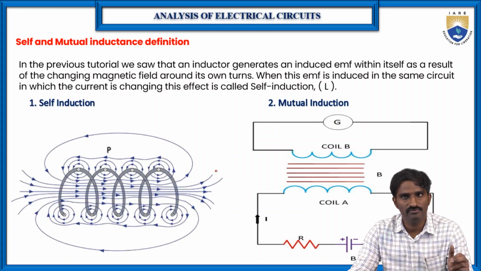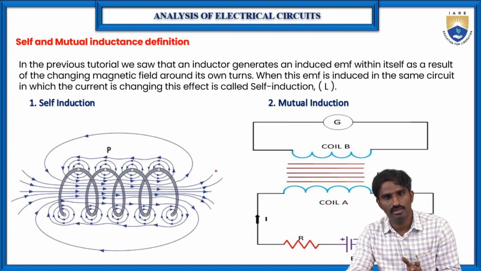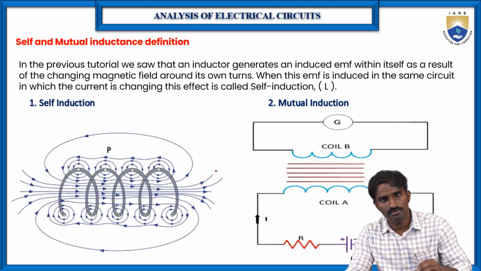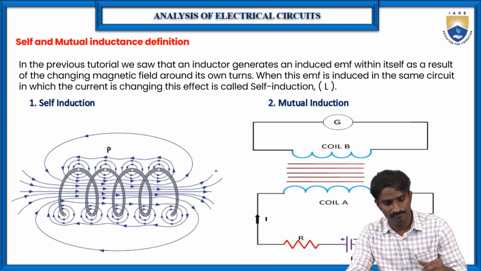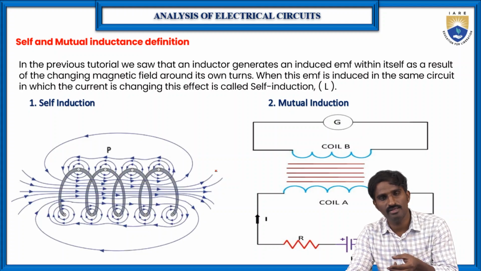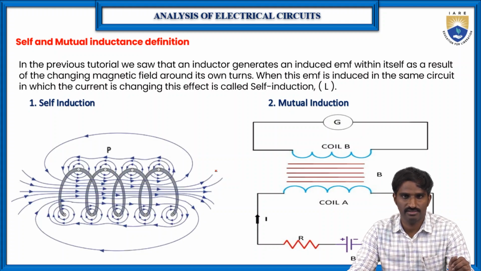And if the flux produced by one conductor links with another conductor, so that an EMF is induced in the other conductor, then that is called mutual inductance.